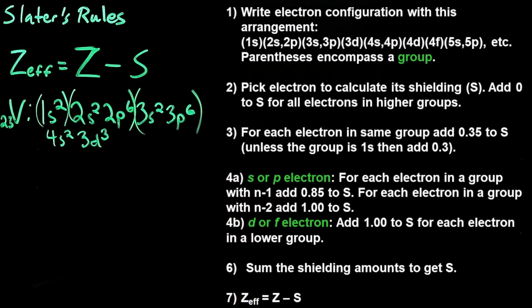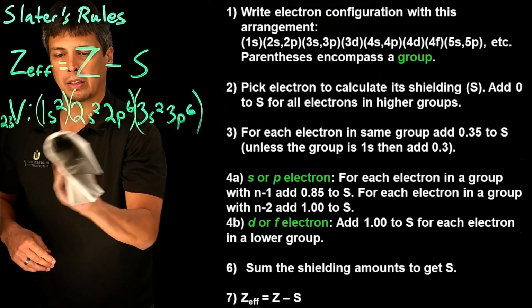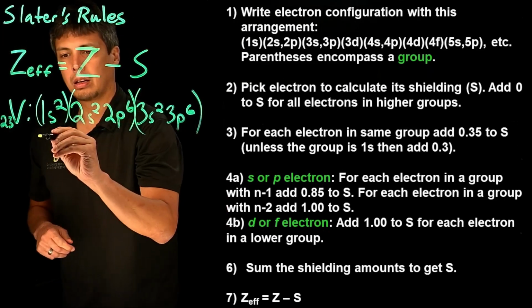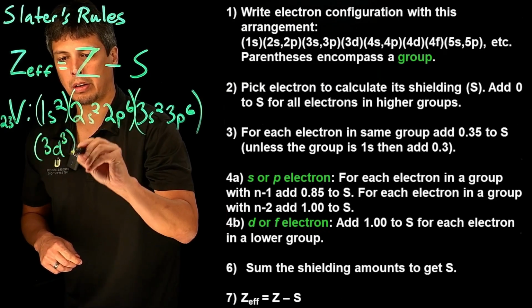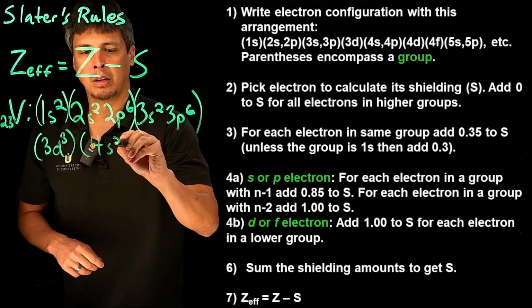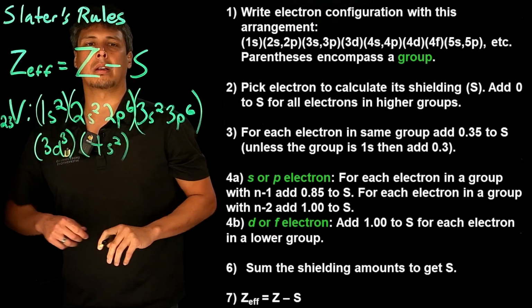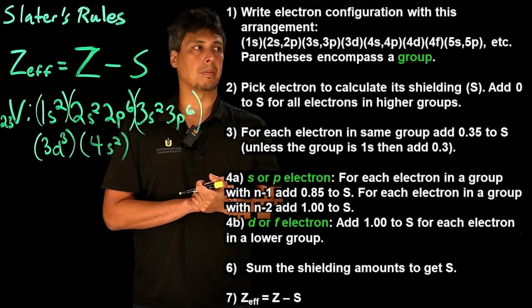But what the rules say is that the 3d is going to be first. So we put our 3d3 here in a set of parentheses, and then 4s2 by itself, because there are no p valence electrons in this electron configuration.